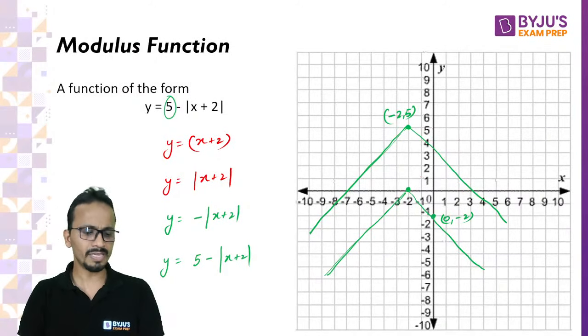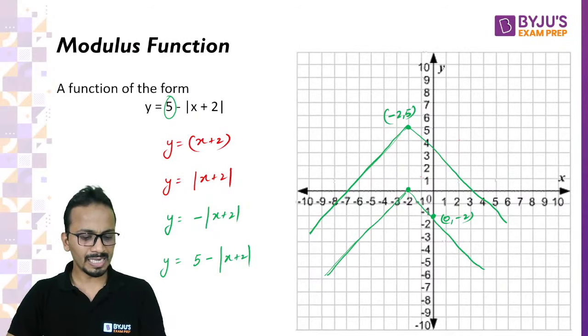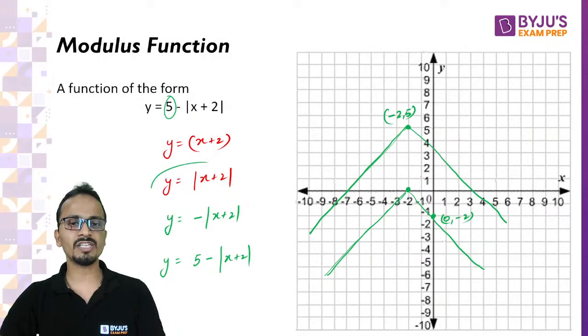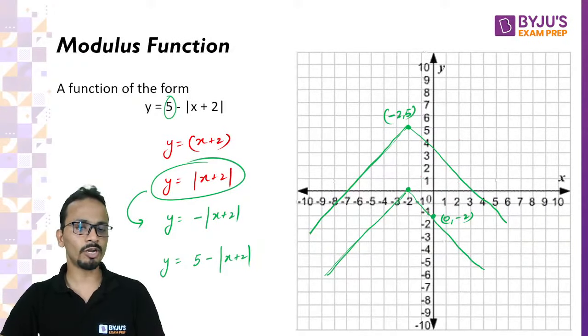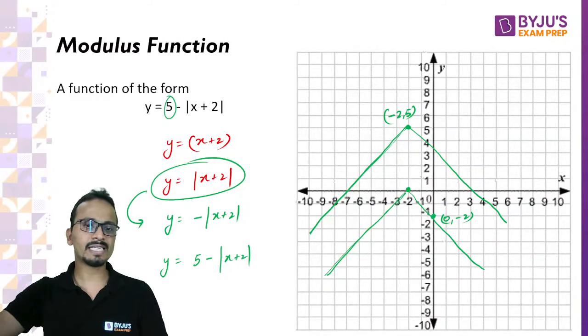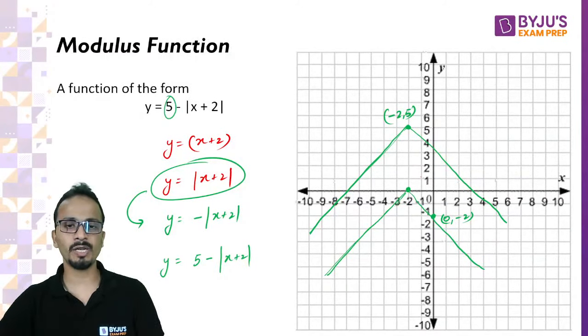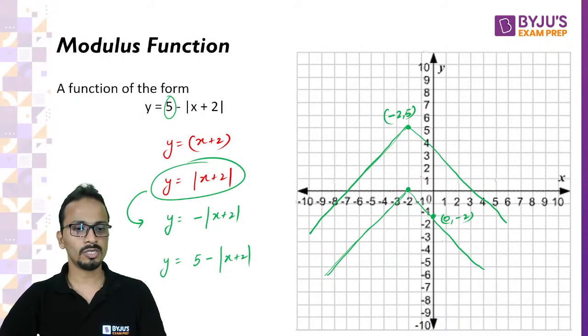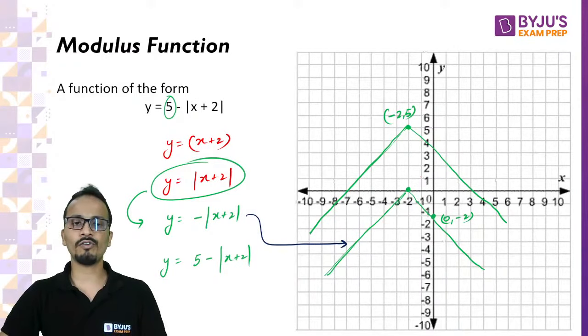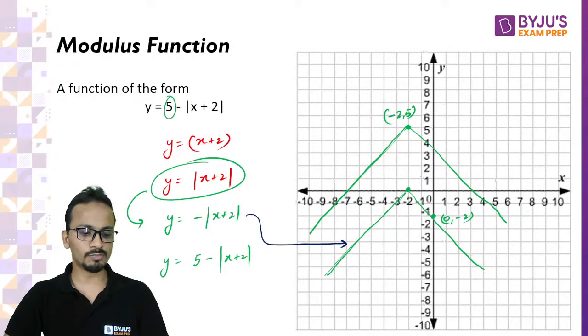Okay, fine. Now, Vicky, repeat the last 2 points. So, Vicky, basically, after this, what I did was I plotted the graph of negative of modulus x plus 2. The graph was above the x-axis and it was shifted below the x-axis. So this was the graph of negative of modulus x plus 2.